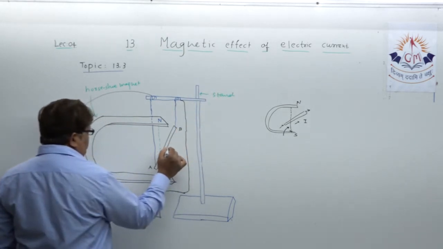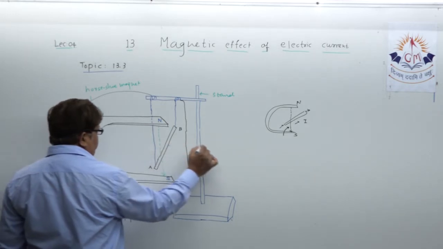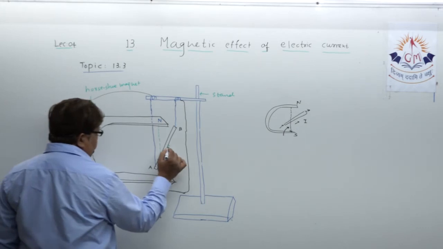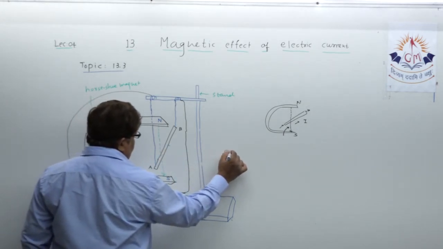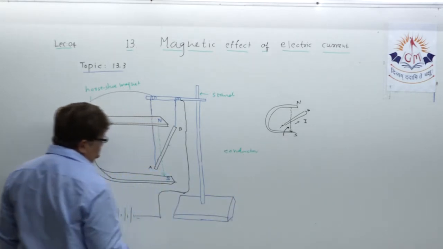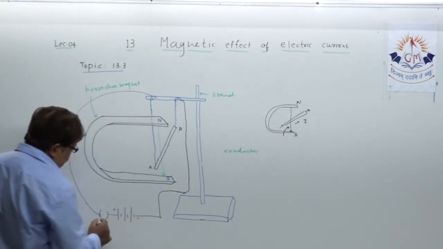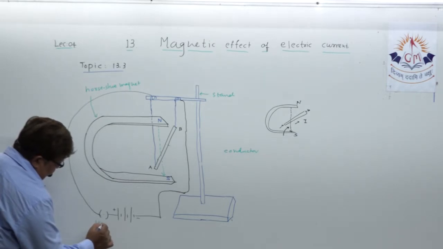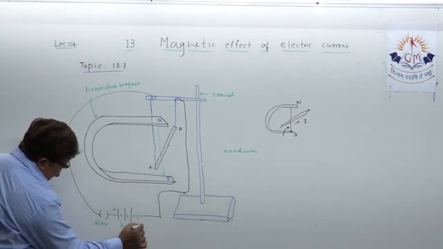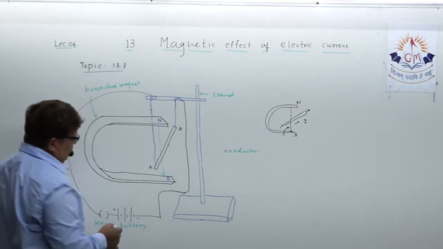What is this? Actually, the conductor. I am just writing it here. Then this is the key, and this is the battery, an external source of electric supply.